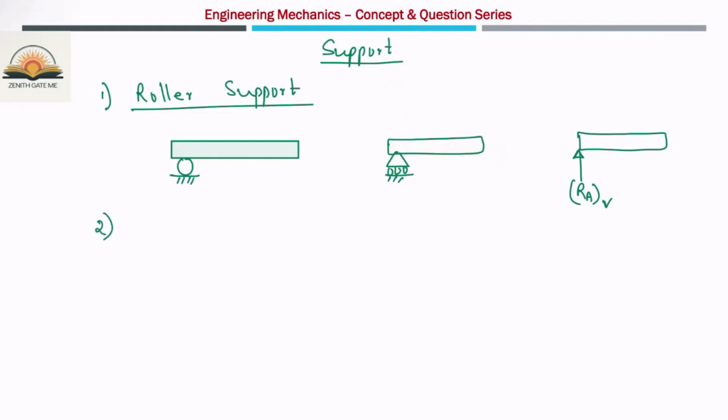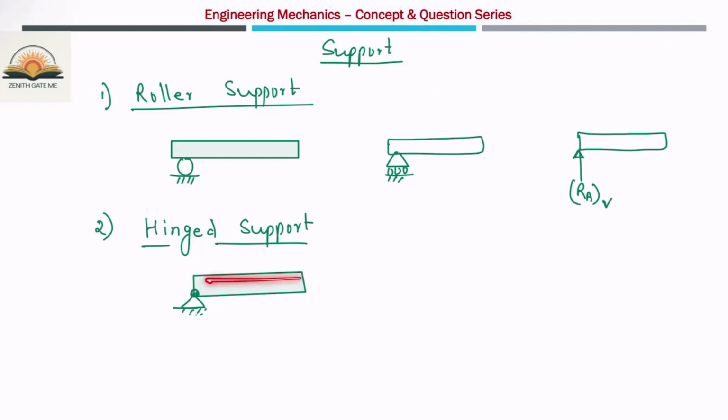Second is hinge support. So this is a beam which is hinged at this point. So how many motions can be restricted? Two motions are restricted.